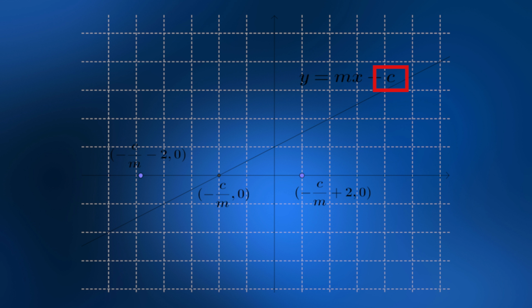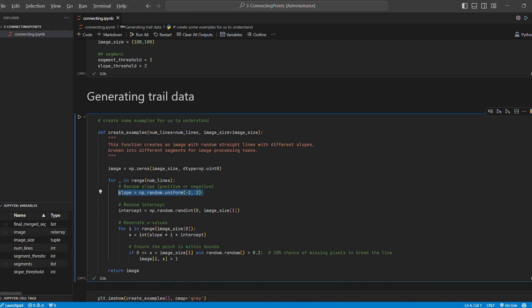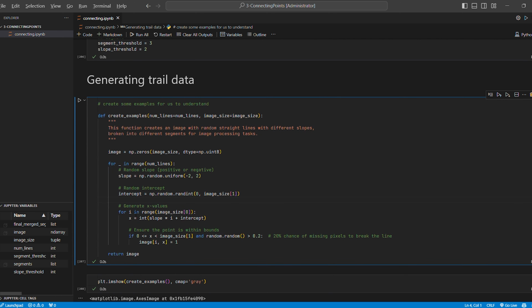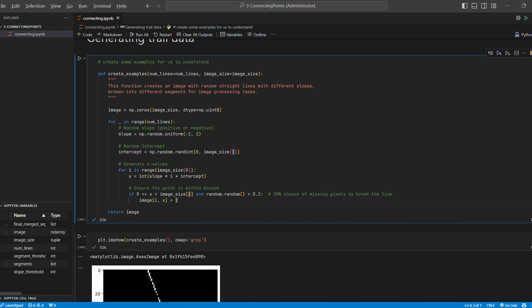I'm taking a slope which will be a random number between -2 and 2, and an intercept. Then I will iterate through the image and, using the straight line equation, put a 1, which will represent a white pixel, and 0 will represent a black pixel, which is the default. So let's run it once.